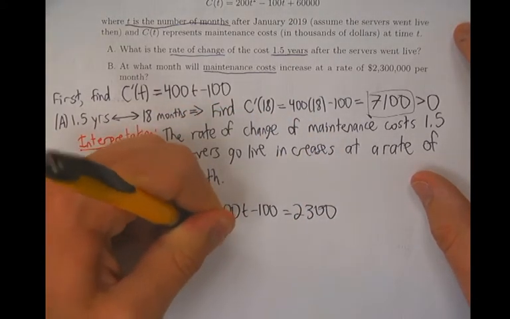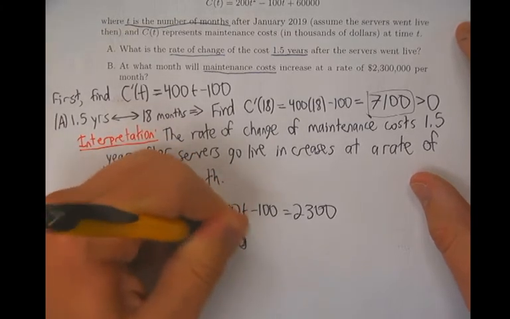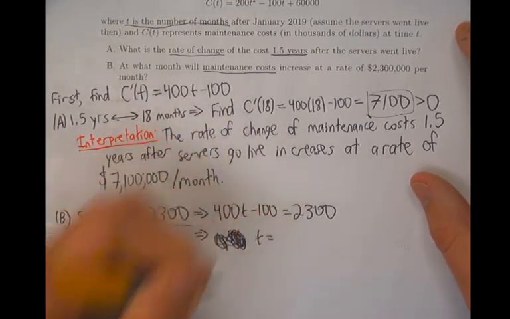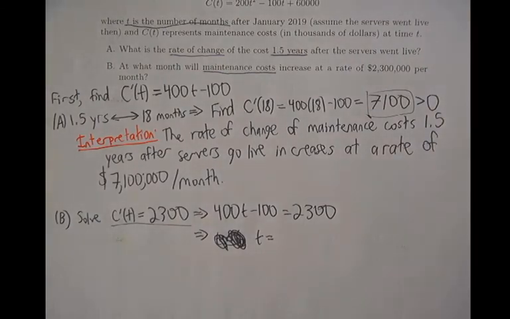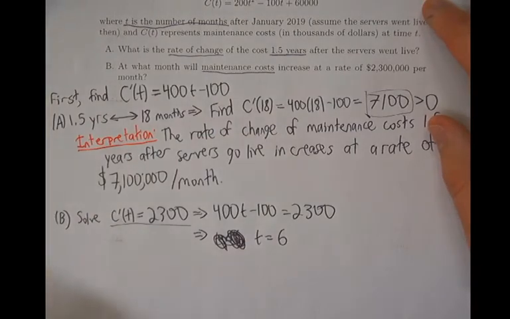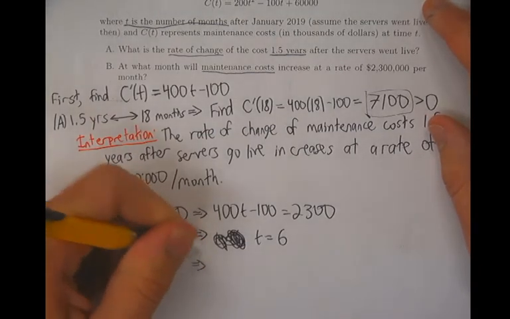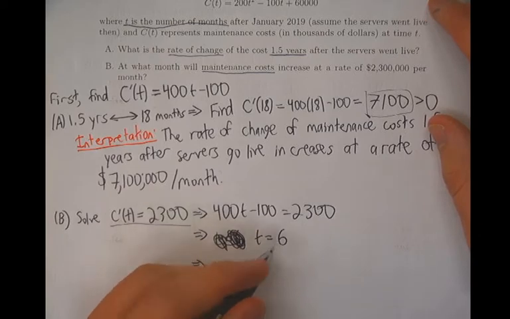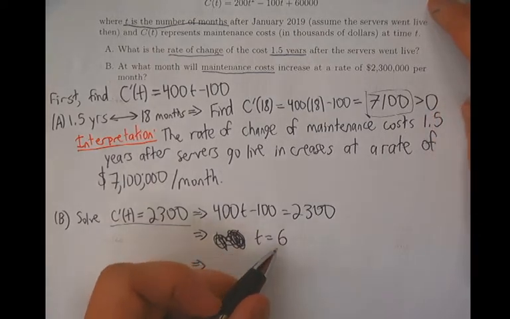So then do a quick little bit of algebra to get that t equals what? So t should equal what nice number? Yeah, just 6, right? So in this case, that'll correspond to 6 months after the servers go live in January 2019.